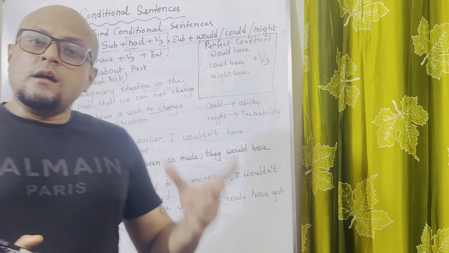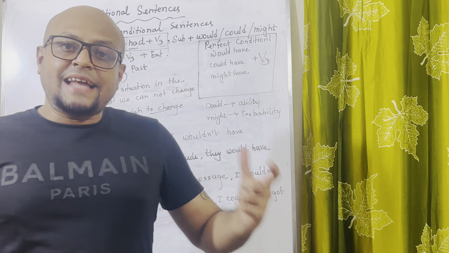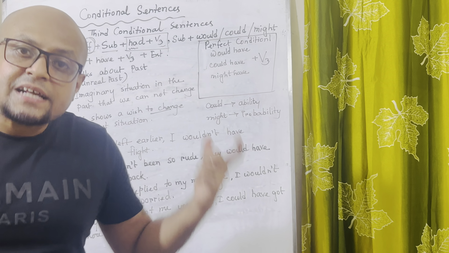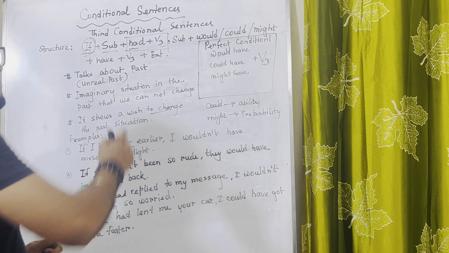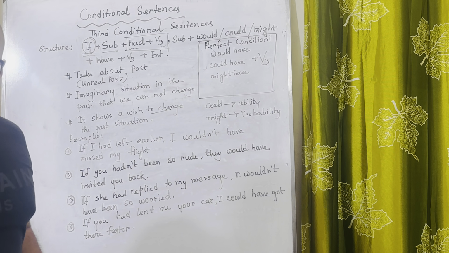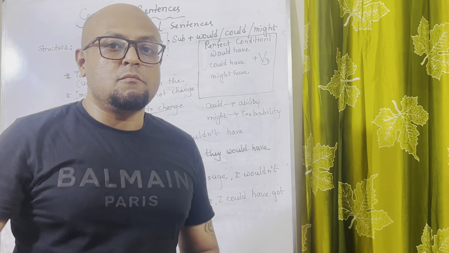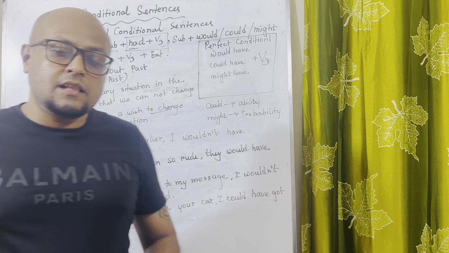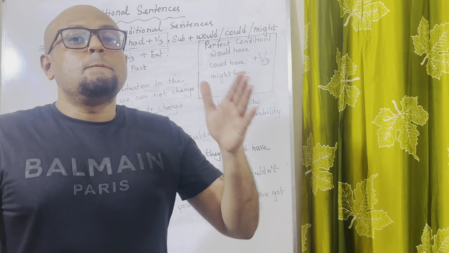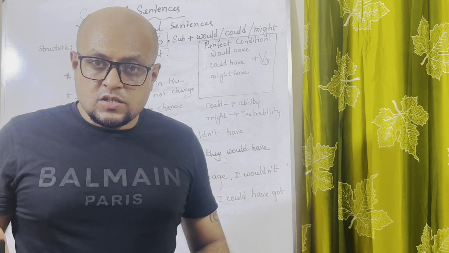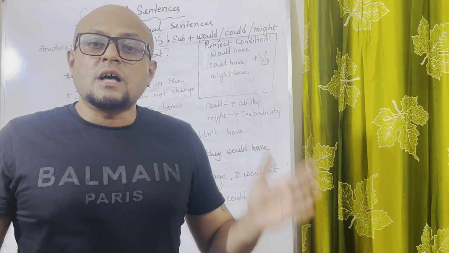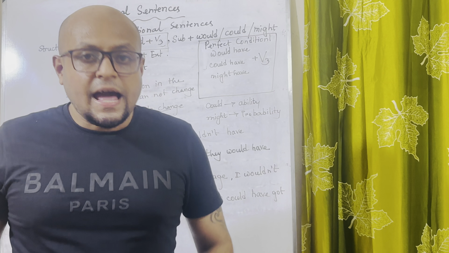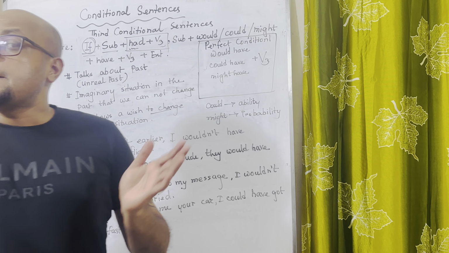It means the third conditional sentence takes past perfect tense with the if clause. Just keep this in your mind: the third conditional sentence takes past perfect tense to make its subordinate clause. And what will be the tense of the main clause?